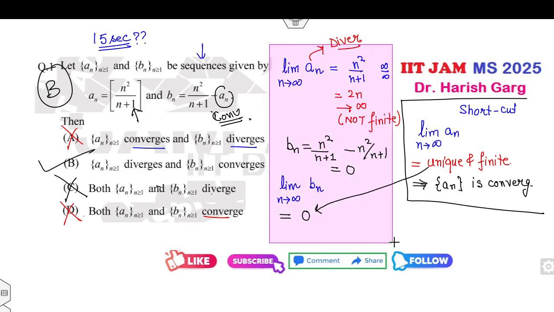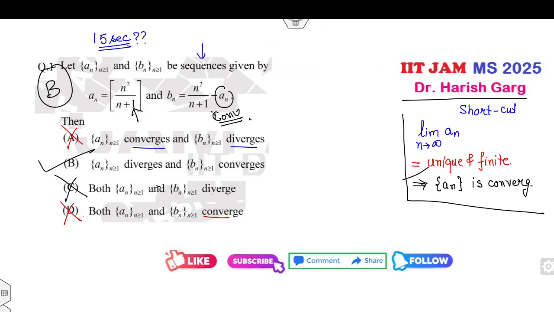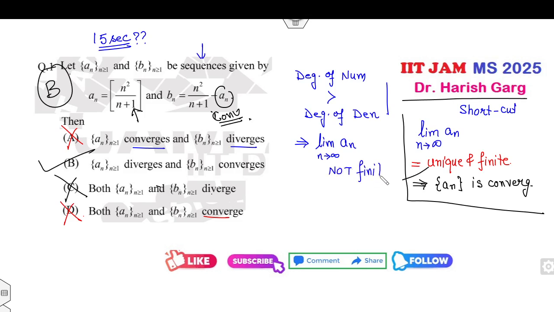There is one more method that I also explained in this lecture. What is that shortcut trick? As I told you, if the degree of the numerator is greater than the degree of the denominator, then you can always say the limit of the function as n approaches infinity is not finite.